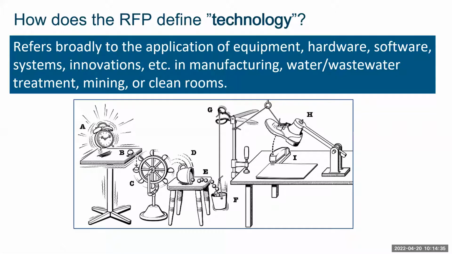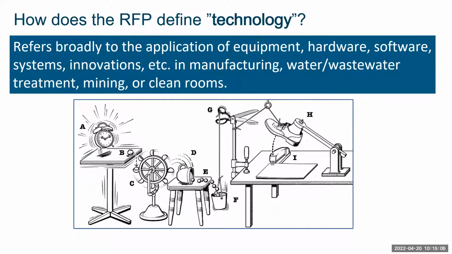So what do we mean by technology? We're actually pretty broad. So the technology has to be applied in the industrial sector, and we're defining the industrial sector as the manufacturing sector, water treatment, wastewater treatment, also mining, oil and gas extraction, agriculture, I think also clean rooms. And we're pretty broad in what a technology can be.